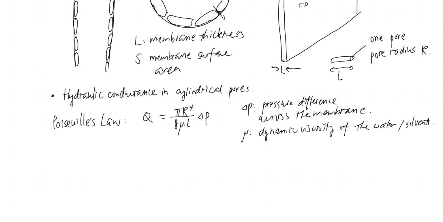L is both the membrane thickness and the length of the pore. So let's start with this Poiseuille's law for a single pore.